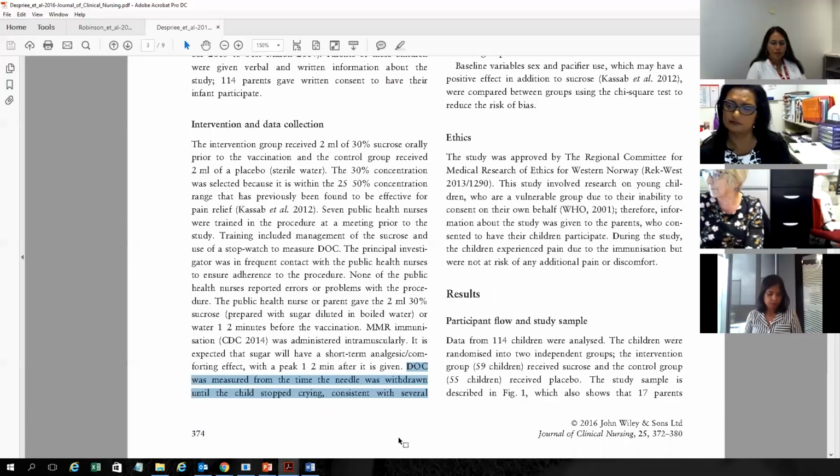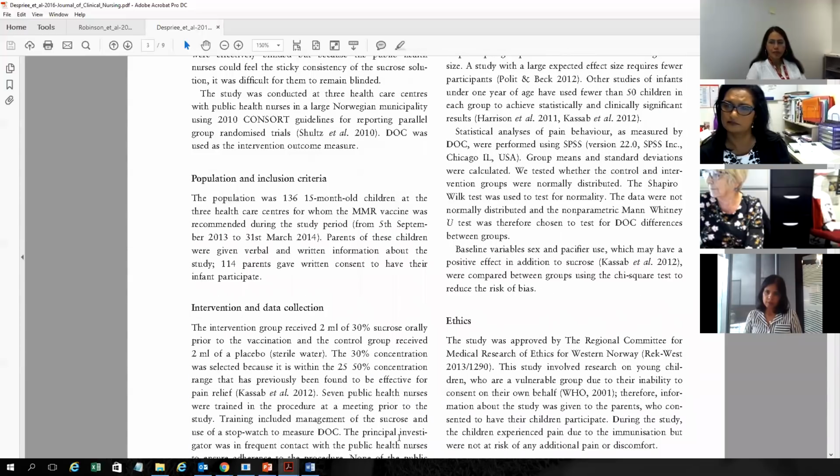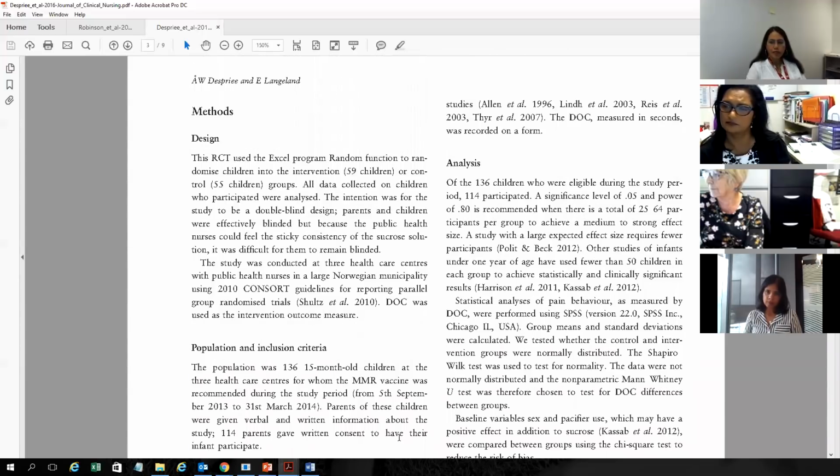So that's another bit of how it was measured there as well. And then if you go further along to the end of that paragraph, it gives you a little bit more information and tells you how it was actually measured: in seconds and recorded on a form. So you may need to look around that whole section to get all the information needed for the data collection part there.